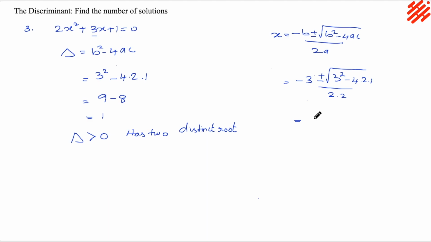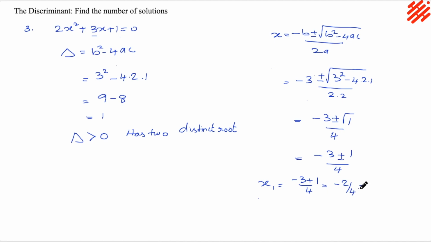So we get here minus 3 plus or minus root 1 divided by 4 equals minus 3 plus or minus 1 by 4.